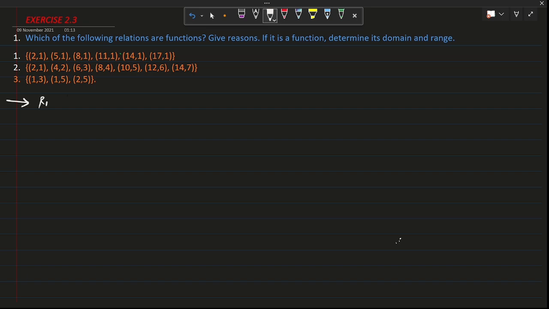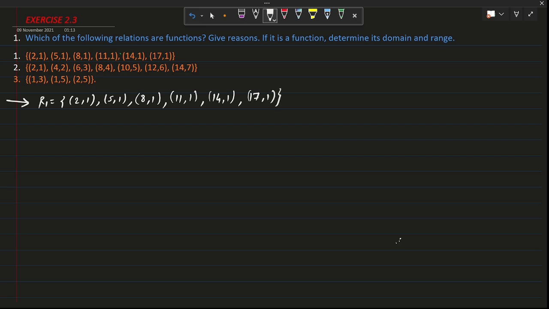So the first relation is given here: 2 is mapping to 1, 5 is mapping to 1, 8 is again mapping to 1, then 11 is mapping to 1, 14 is mapping to 1, then 17 is mapping to 1.